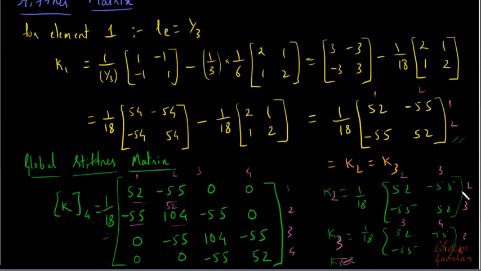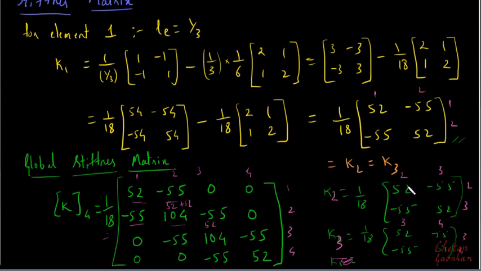So I have here the 2 comma 2 element, that is 52. So here also 2 comma 2, so I will have one more 52. Then here I have 2 comma 3 as minus 55, and then 3 comma 2 as minus 55, and then here I have again 52.